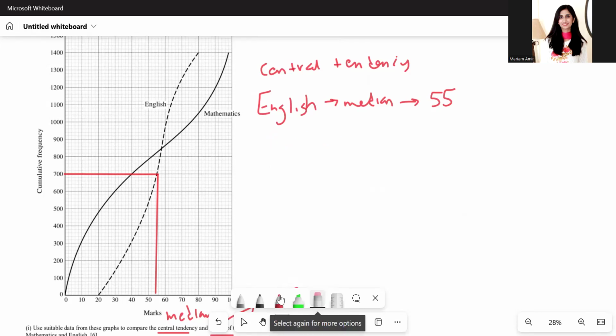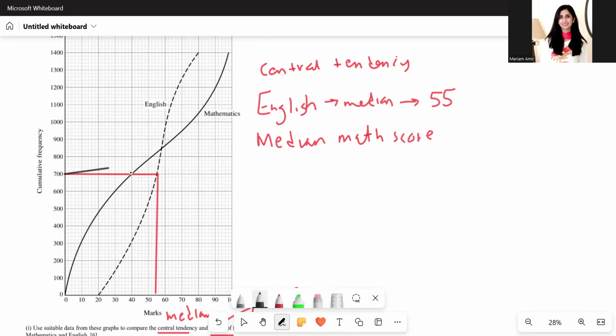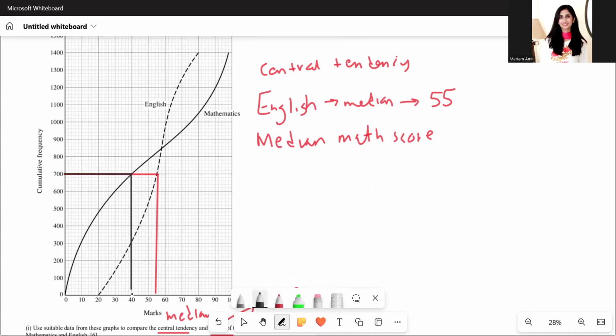And for math, the median math score would be, we read this, which is a little less than 40, or almost 40. Yeah, almost 40.